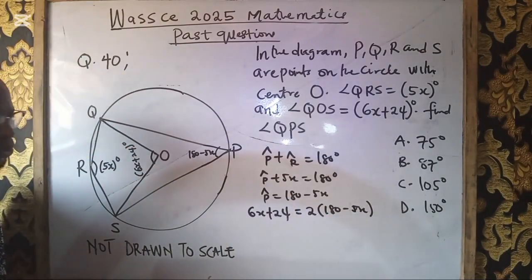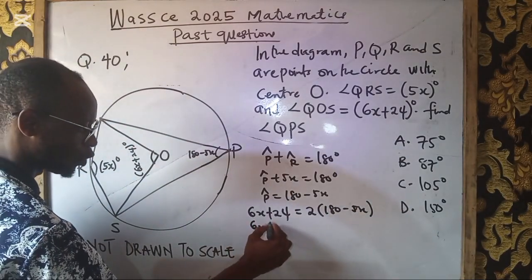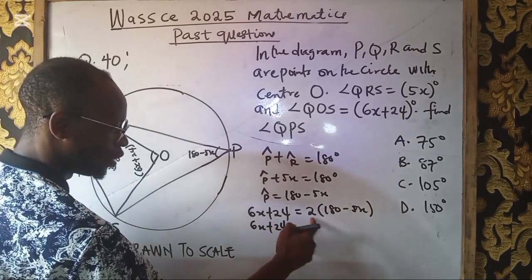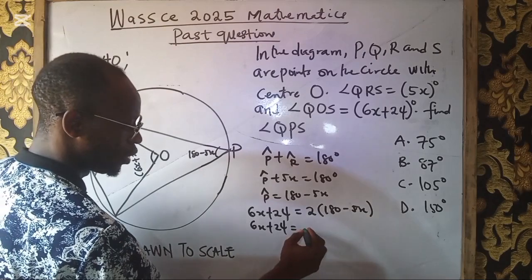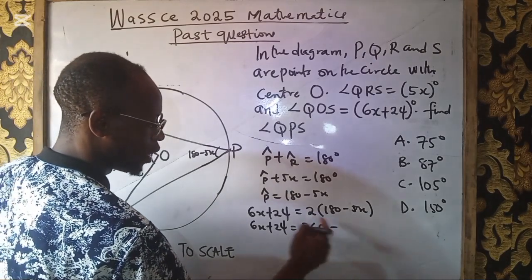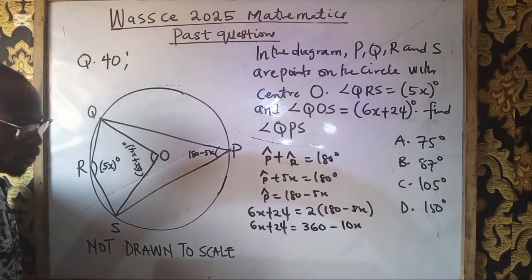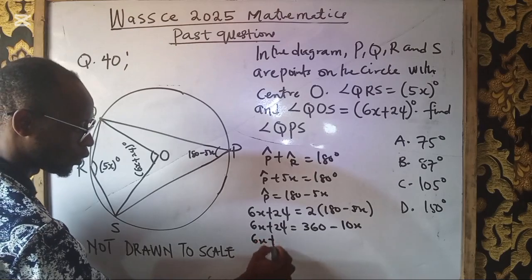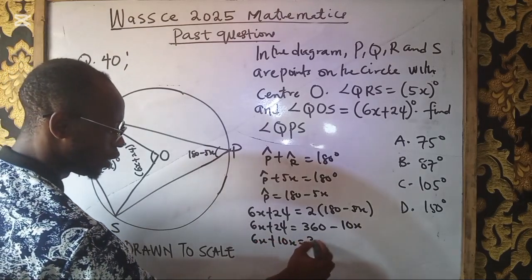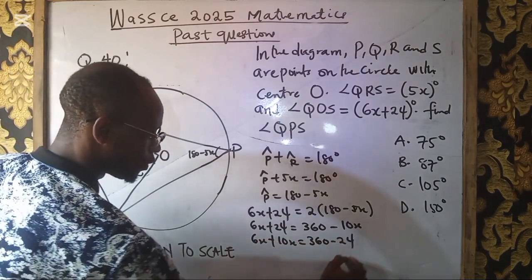Let's solve this equation. We have 6x plus 24 equals this multiplied by this, which gives us 360 minus 10x. If you collect like terms, we have 6x plus 10x equals 360 minus 24.